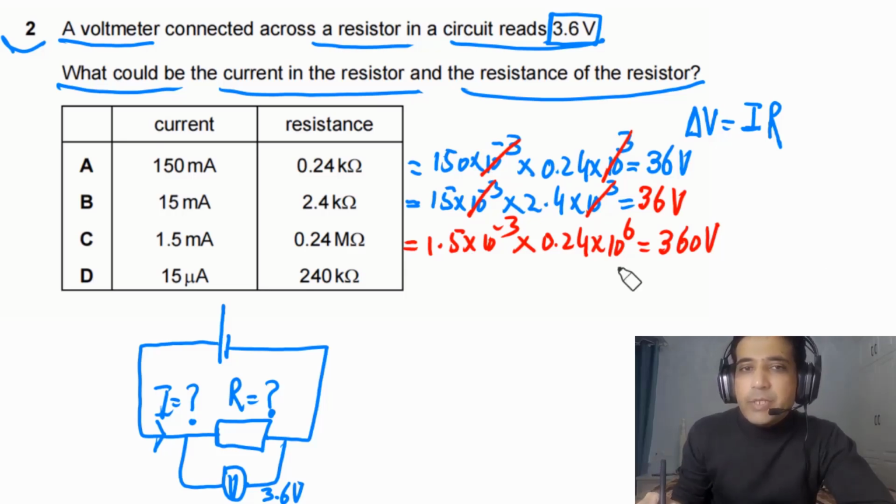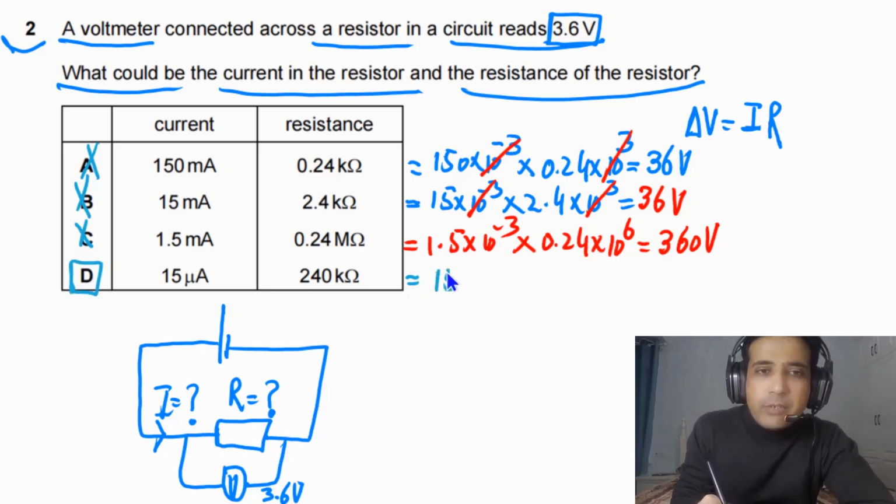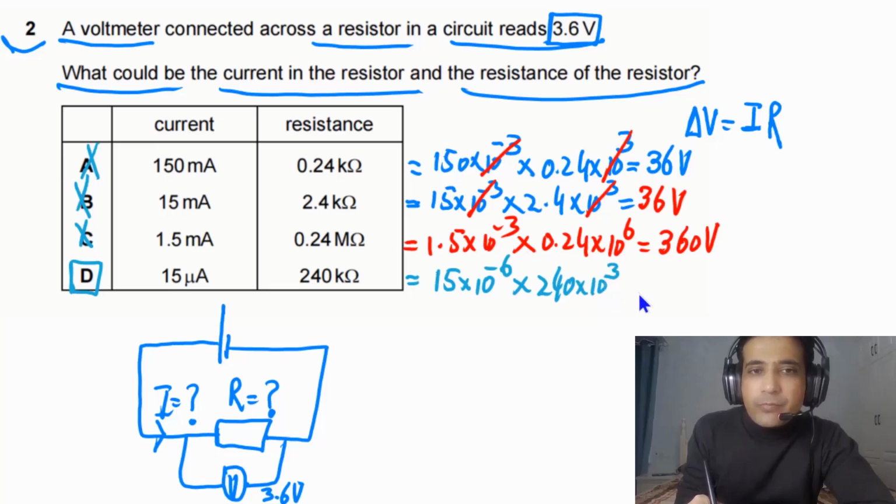So we can go to the last one. This one has to be the answer, since the others are not possible. If you multiply 15 microamps, which is 10 to negative 6, by 240 times 10 to 3, you get the final answer, which is equal to 3.6 volts.